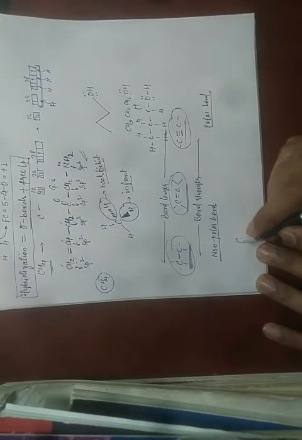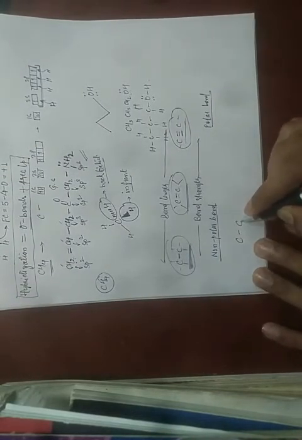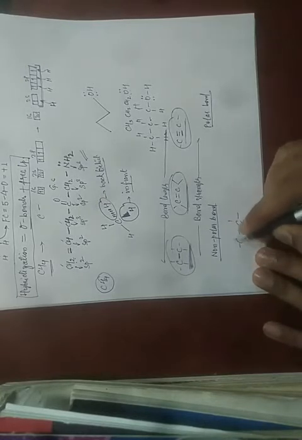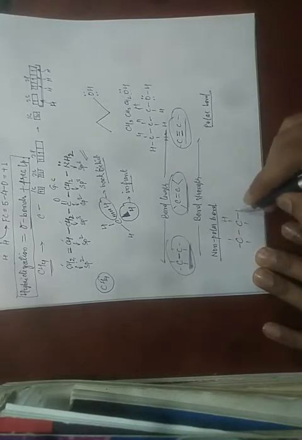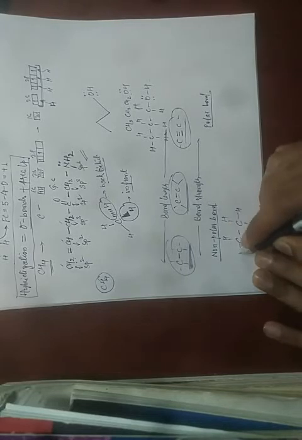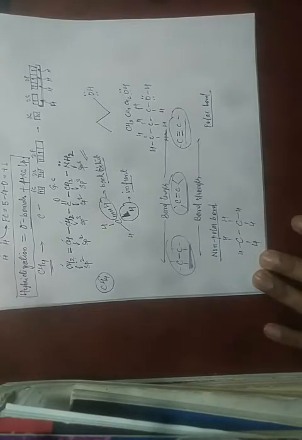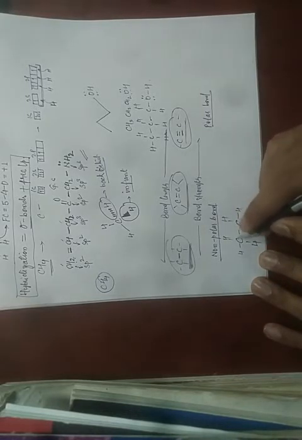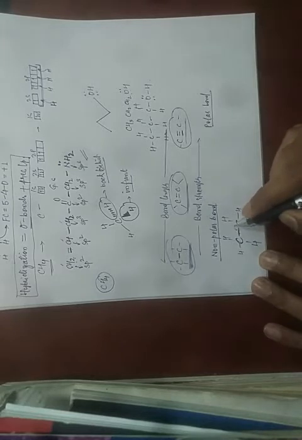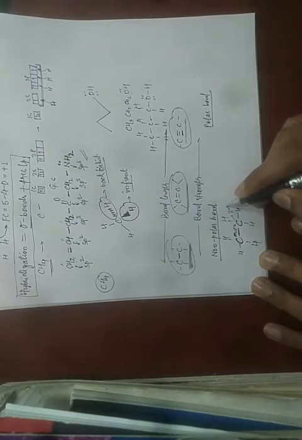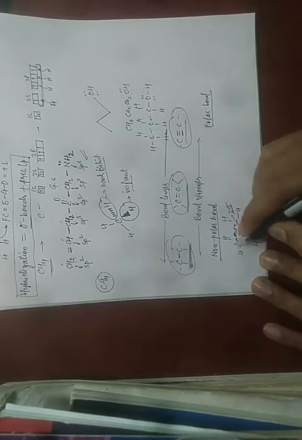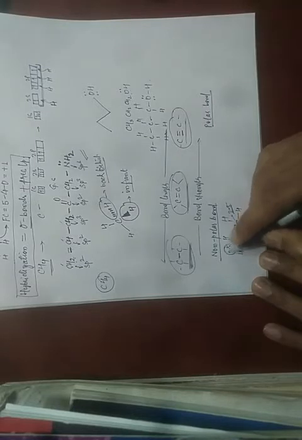Suppose we have here carbon and carbon. Okay, carbon and carbon. Suppose this carbon has hydrogen, hydrogen, here also hydrogen, here also hydrogen, and here also hydrogen. So when we talk about electronegativity, this one is carbon and this one is also carbon, so the electron density will neither shift to this side nor to this side, because this carbon has an electronegativity of 2.5, and this one also has an electronegativity of 2.5.